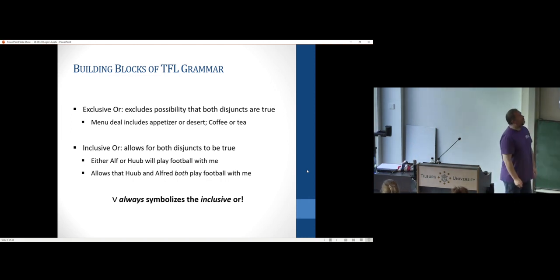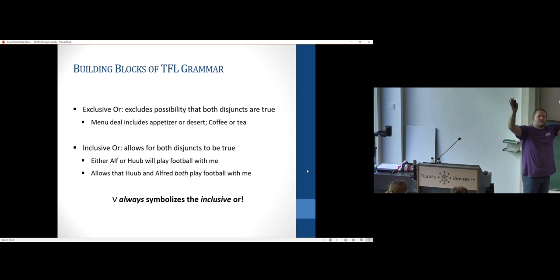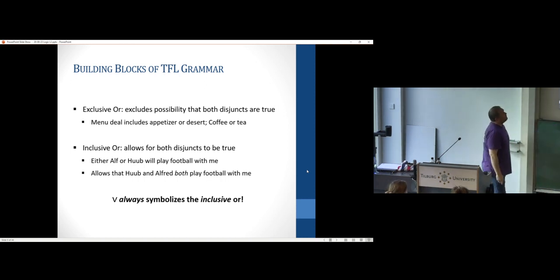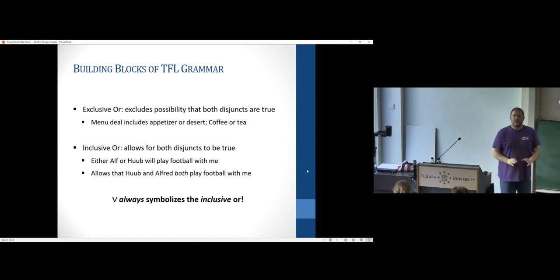Either Alf or Hoob will play football with me. Hey, it's even better if they both show up. So exclusive, again, at most one option, definitely not both. Inclusive, at least one option, possibly both.